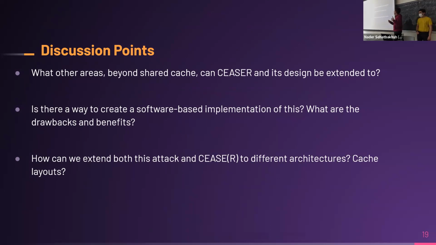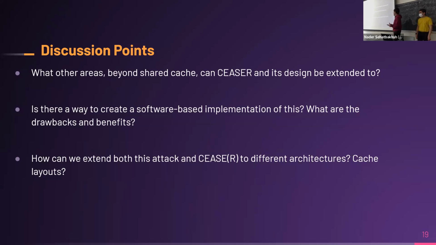Some things you might think of off the top of your head is that it will likely be slower in software, but it's much easier to change whatever you're using. For example, you could change the way you're doing the low-level block cipher a lot more effectively if you had it in software. And can we extend this attack and this resistant method to different architectures and different cache layouts?